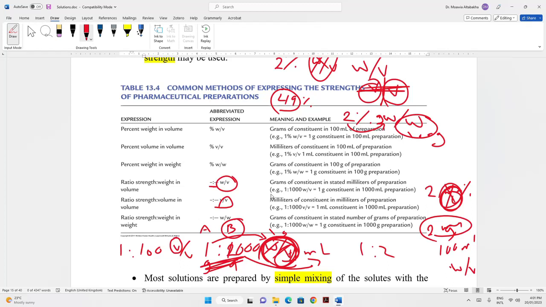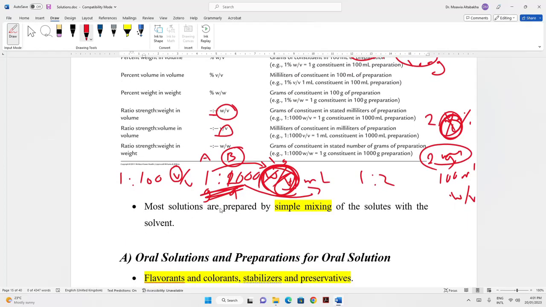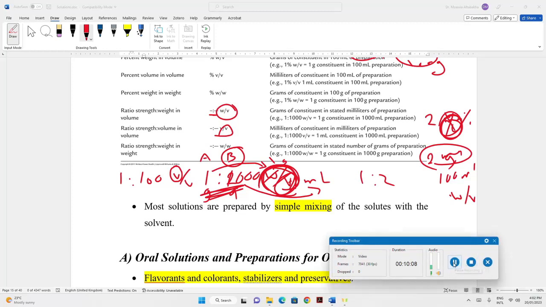Okay. Now, what you need to do is how solutions are prepared. Normally, or most of the solutions are prepared by simple mixing of the solutes with the solvent. This is how most of the solutions are prepared.